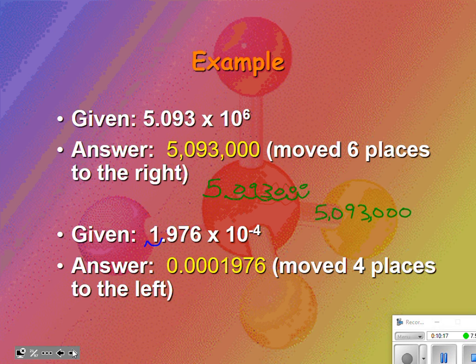So there's 1, there's 2, there's 3, there's 4. Fill in the zeros. So I'm going to get 0.001976 as my new value.